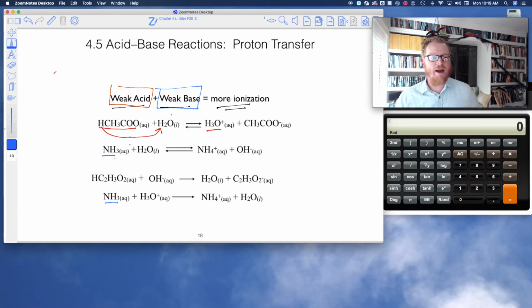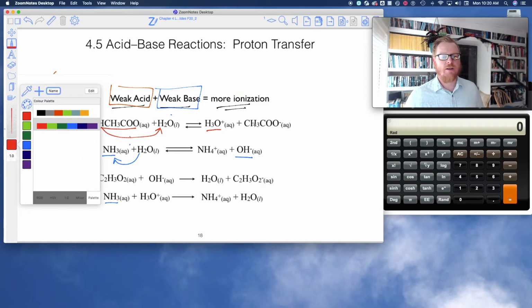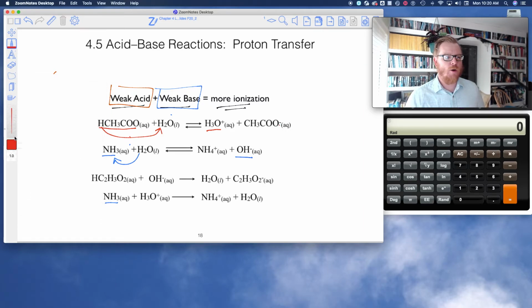My ammonia is accepting a proton from the water, and then it makes hydroxide, which is a base. So now what happens? Well, look, we have a very small amount, I'm going to go to black here.